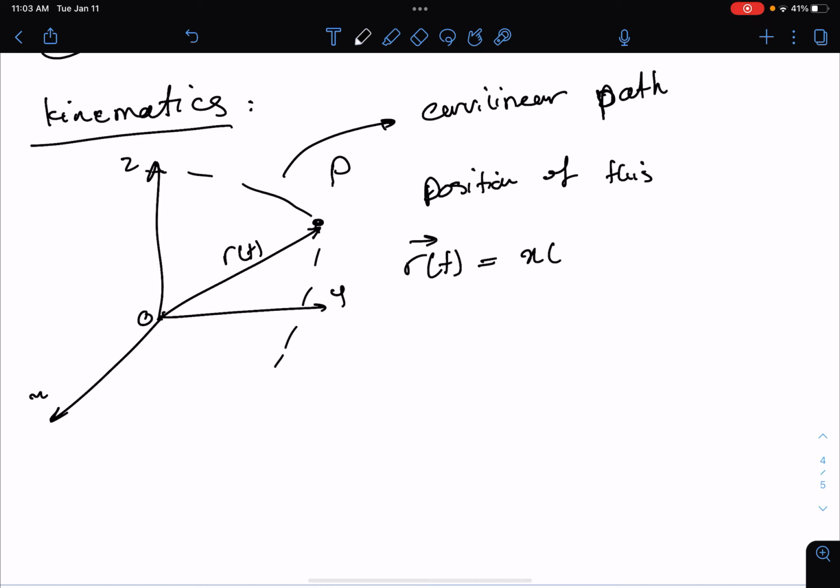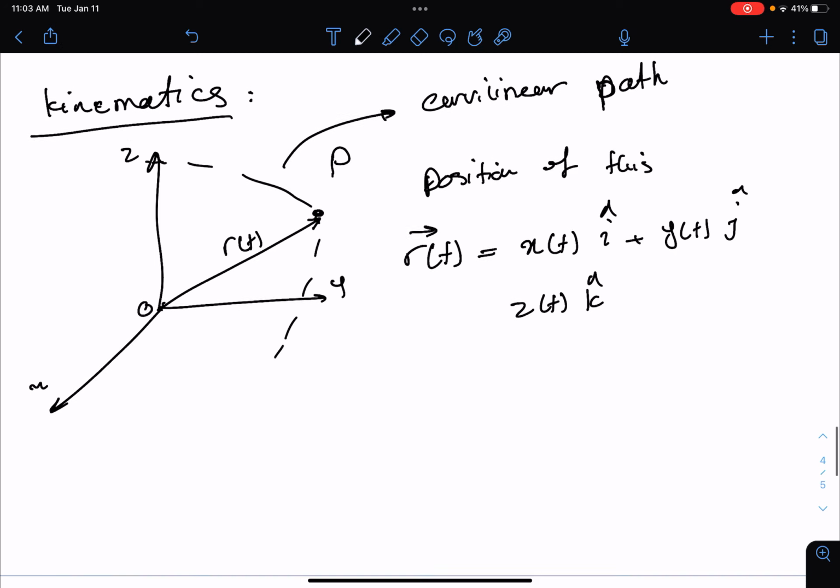This is a vector. It is a function of the x component, which is itself a function of time, the y component, which is itself a function of time, and the z component. Okay.